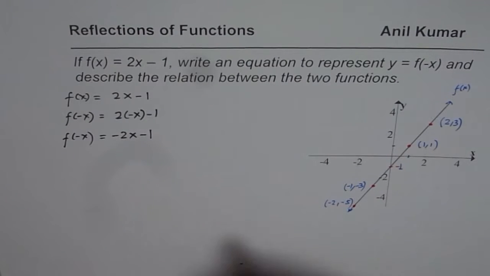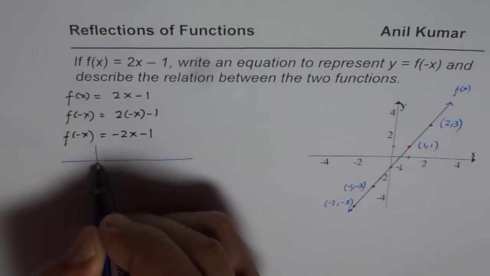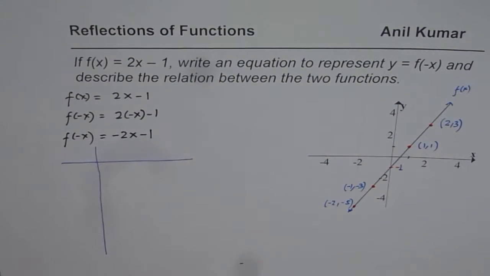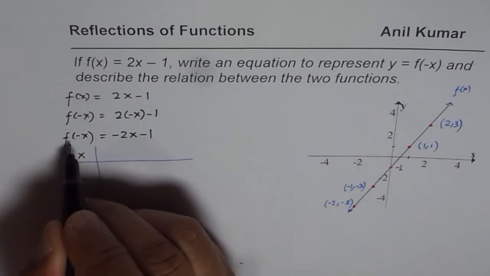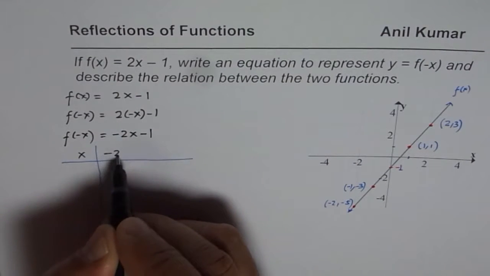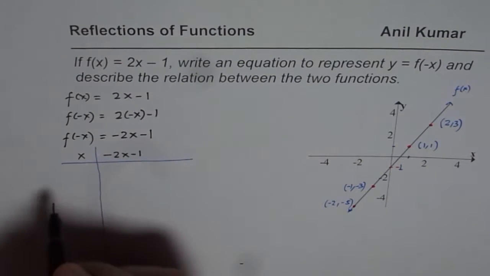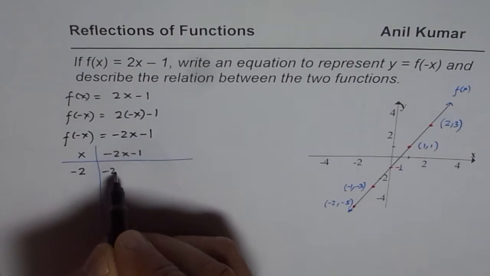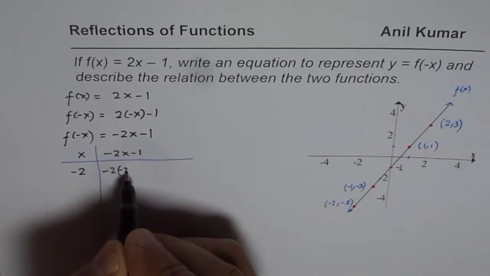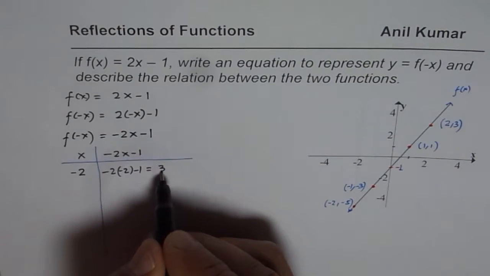Let us find the coordinate points on f of minus x. So we'll do some calculations here. I'll write down the x values and calculate f of minus x, which is minus 2x minus 1, correct? Let me start with minus 2. If x is minus 2, it will be minus 2 times minus 2, minus 1. Minus times minus makes it positive. Positive 4 minus 1 gives us 3.